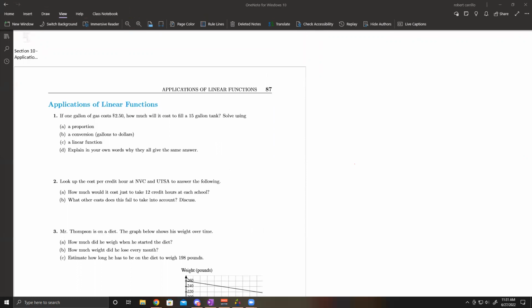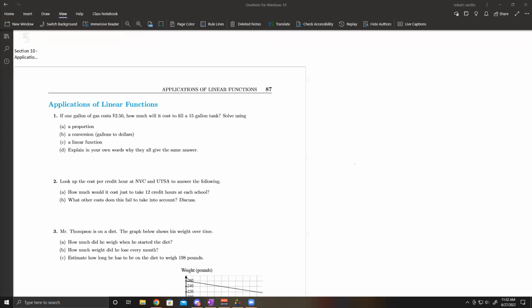If you need these notes, number 10. That's homework. That's notes. There you go. In the chat. Okay. Now we want to do applications of linear functions. So we're applying actual real life applications to functions.